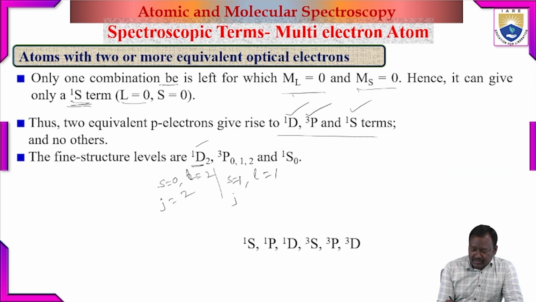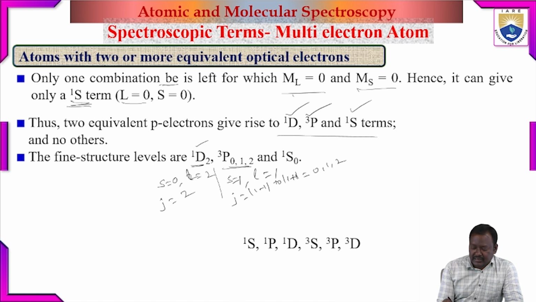So J values are 1 minus 1 to 1 plus 1, that means 0, 1, 2. So the fine structure becomes 3P0, 3P1, 3P2.